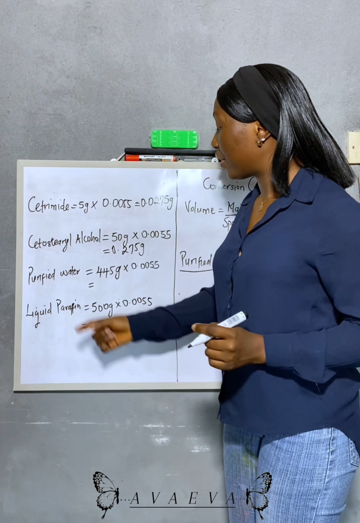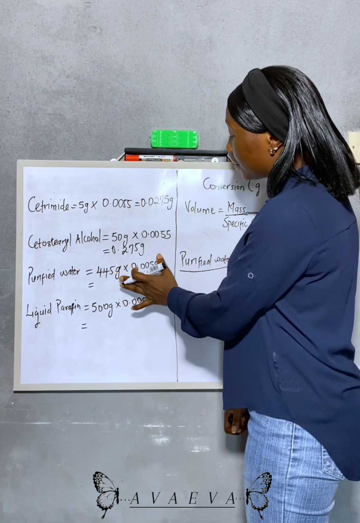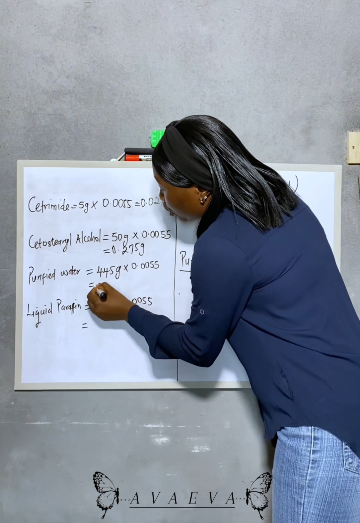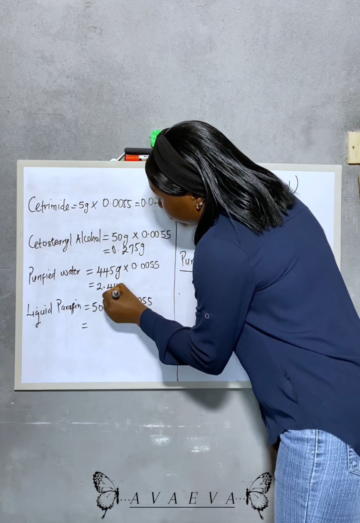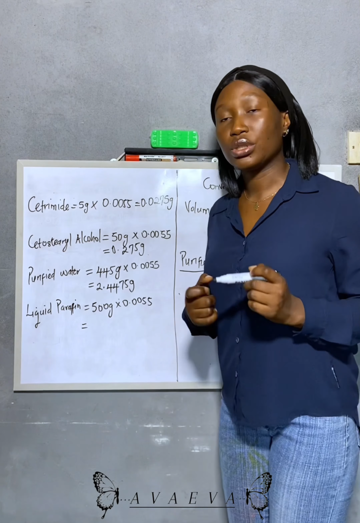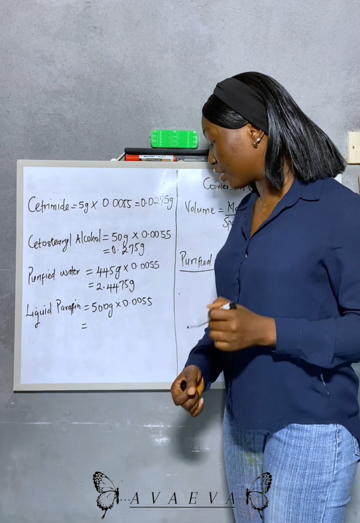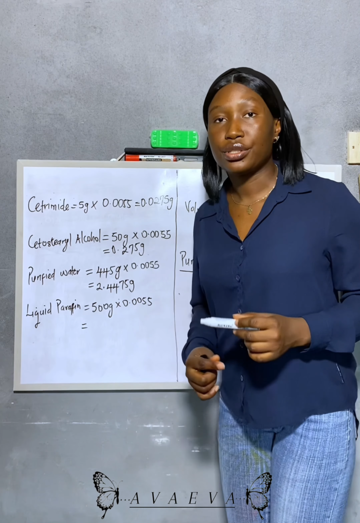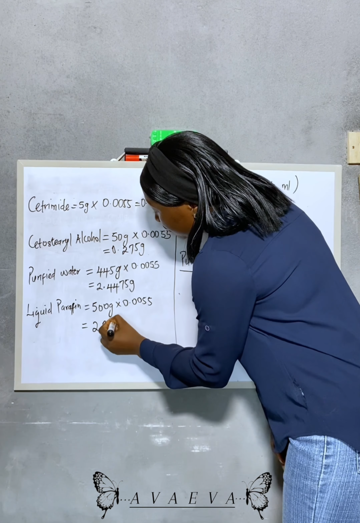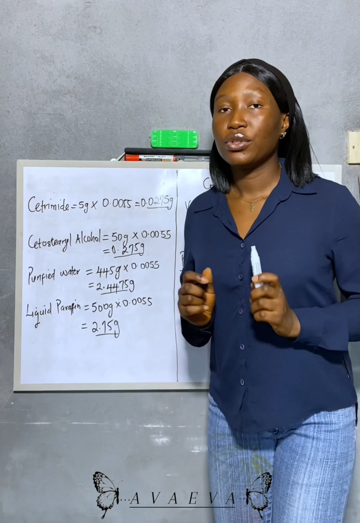Next, you have your purified water 445 gram times 0.0055, you will have 2.4475 gram. And lastly, liquid paraffin 500 gram times 0.0055, which will give you 2.75 gram.